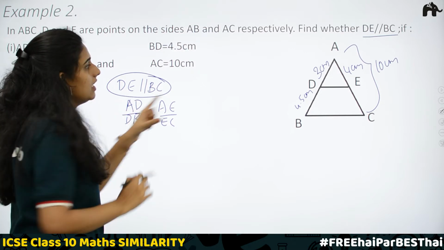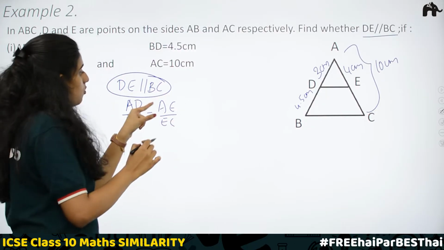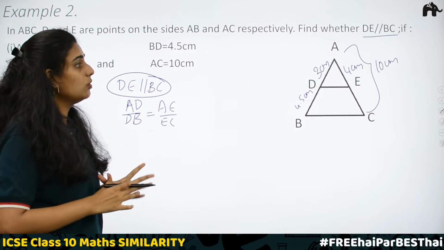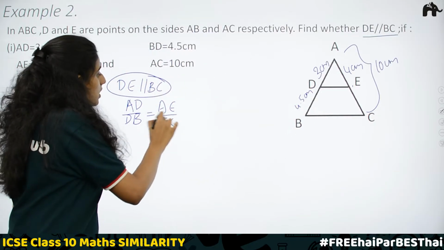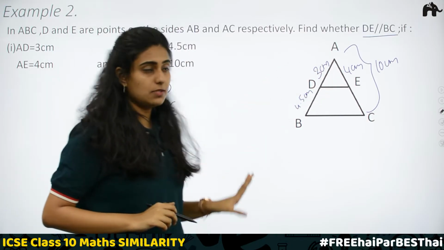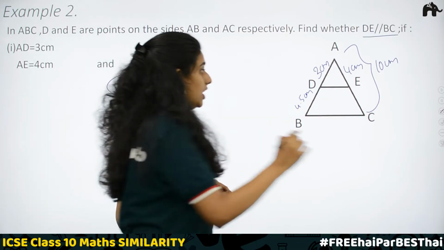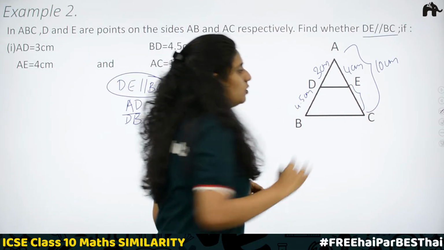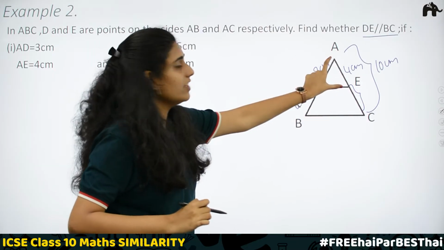Here what is AD? AD is known. DB is also known. What is AE? AE we have, AE is equal to 4 centimeter. What about EC? We don't know what EC is. This is EC. We need to find what EC is. How to find EC? We have AC and we have AE.